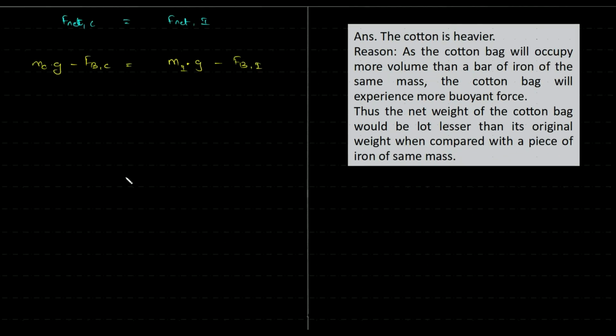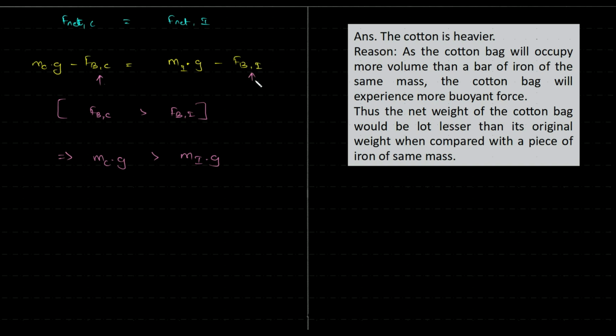We can do this, is it not? So now one thing is clear, that FBC is more than FBI. And so what can we conclude? mCg has to be greater than mIg for them to be equal. Is it not? This value turns out to be more than this.